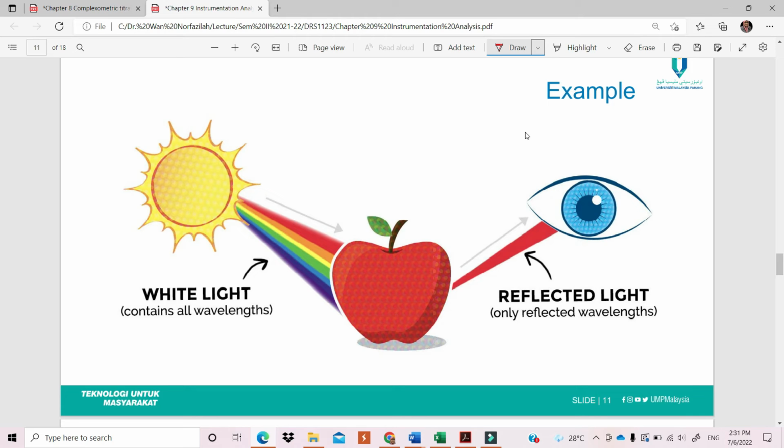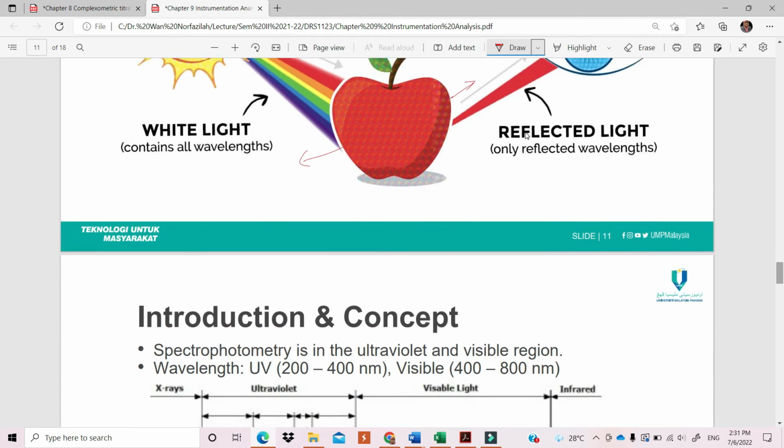When this apple reflects only red color, your eyes can only see red color. Okay, yang lain tu dia absorb lah ataupun dia emit. Emit ni dia ke sini. So yang you nampak adalah dia transmitted. Okay. Itu konsep.